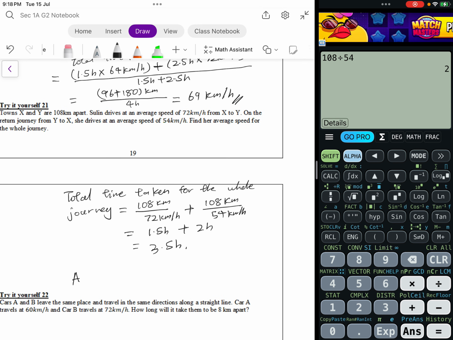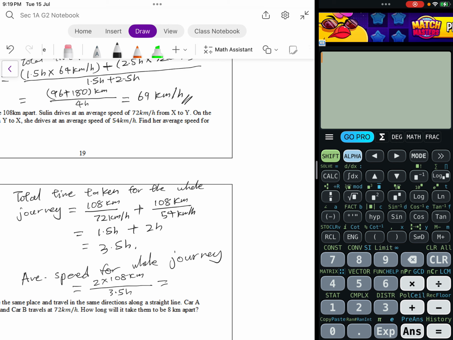So average speed, okay, we have the total distance, which is from X to Y, Y to X, so it's 2 times 108 kilometers divided by 3.5 hours.